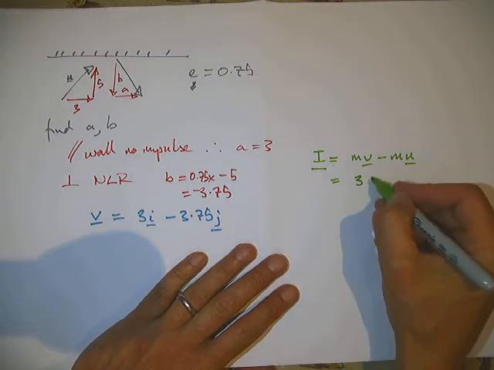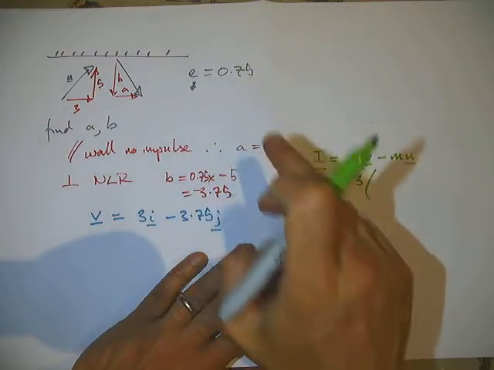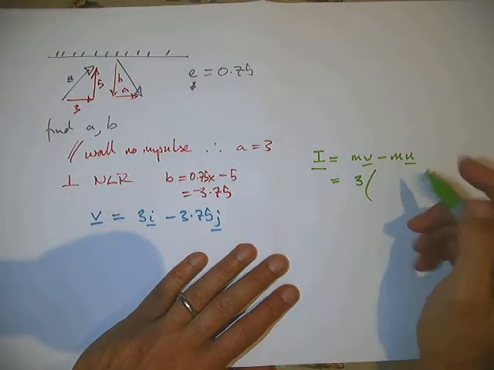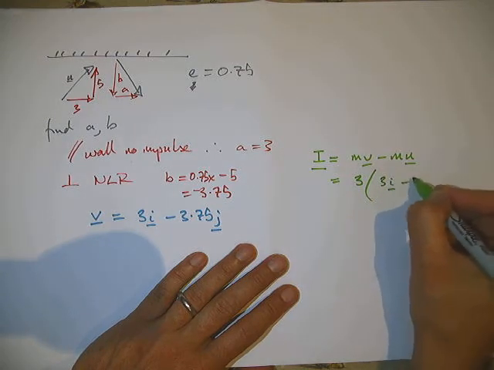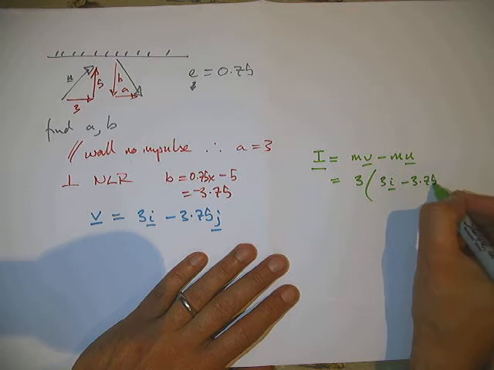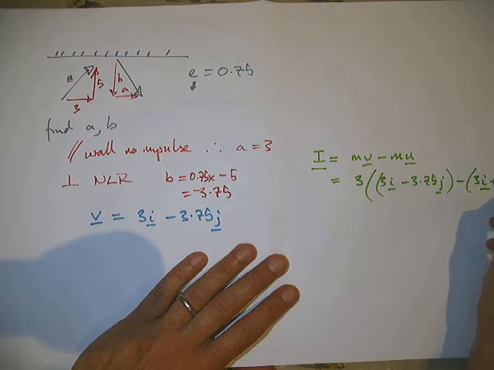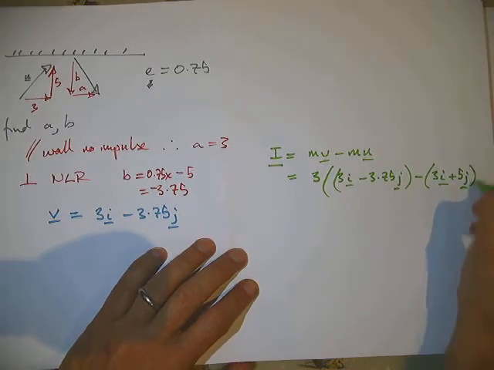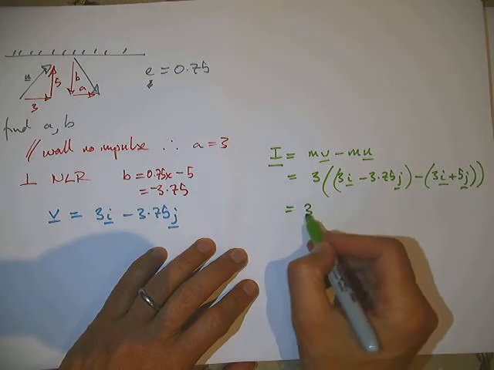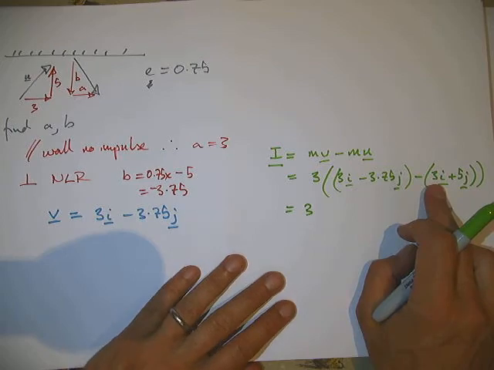So the impulse is going to be 3 times 3I take 3.75j take 3I plus 5j, which is 3 lots of, the I component disappears, and it should do.